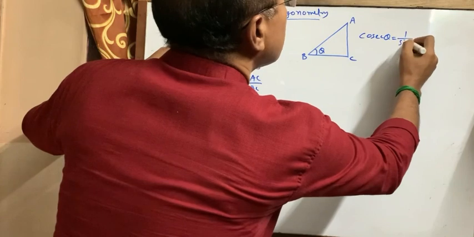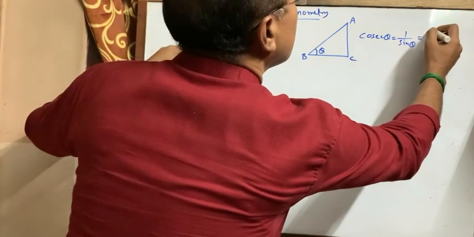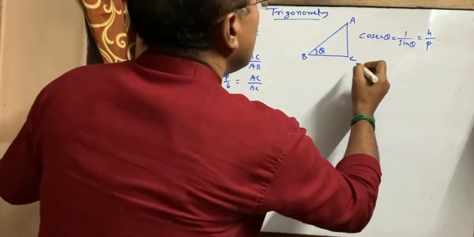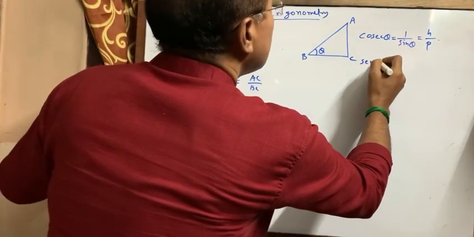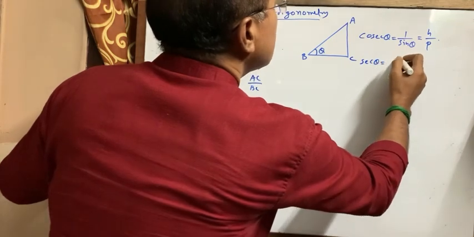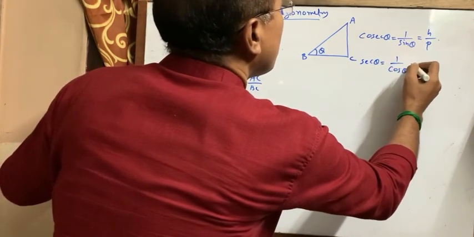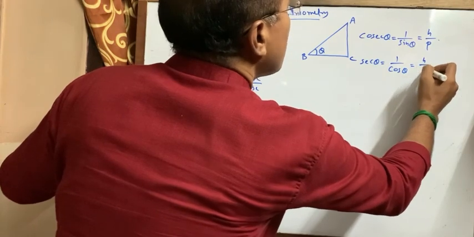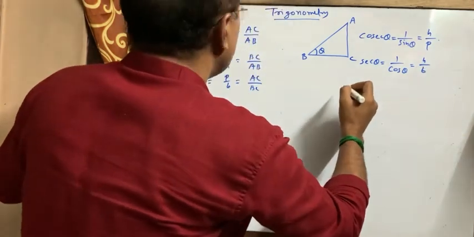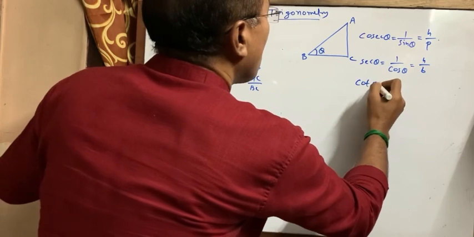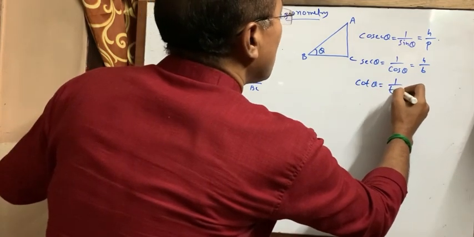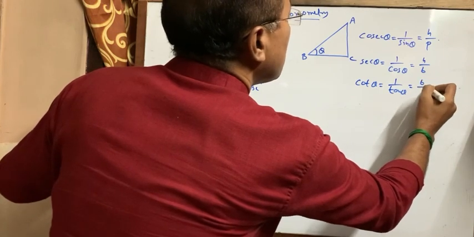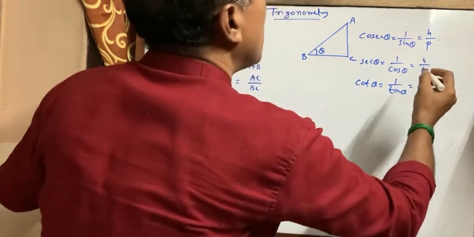Cosec theta is a reciprocal of sin theta, that is hypotenuse by perpendicular, and then sec theta, reciprocal of cos theta, that is hypotenuse by base, and cot theta is reciprocal of tan theta, that is base by perpendicular.